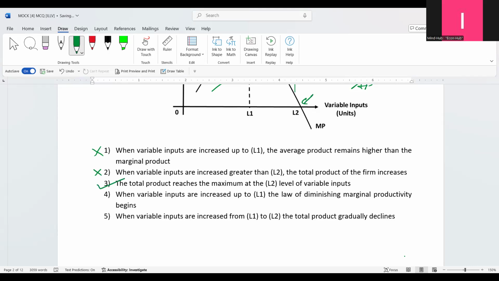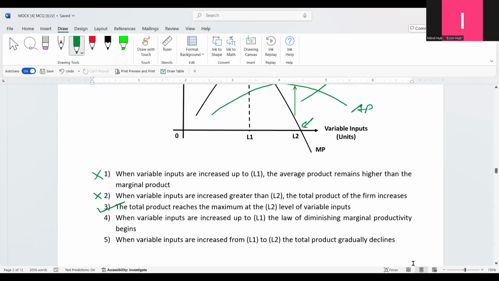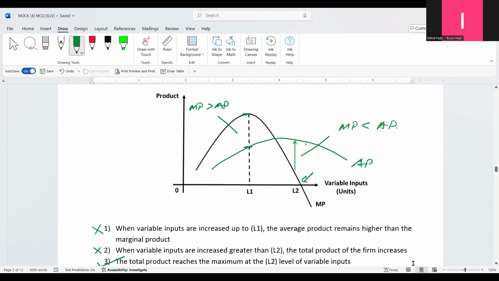When the variable input increases to L1, law of diminishing marginal product begins. From a marginal product point of view, yes, but the law of diminishing returns fully takes effect from this point onwards, that is after the point where MP equals AP.